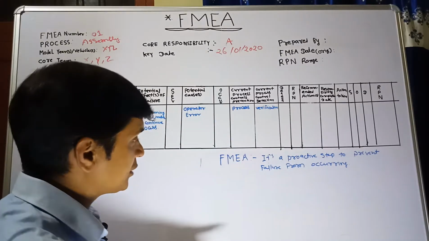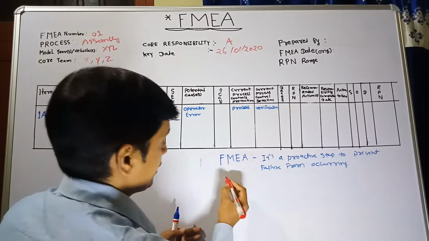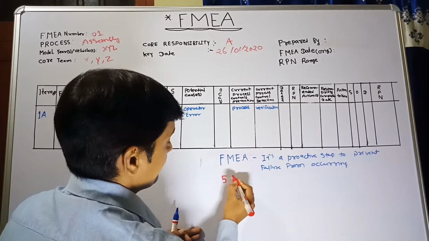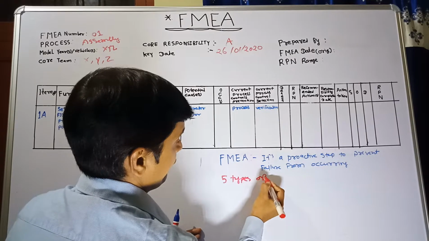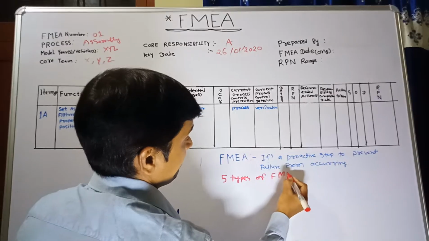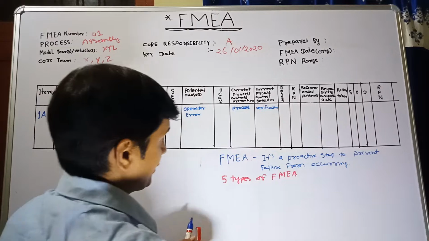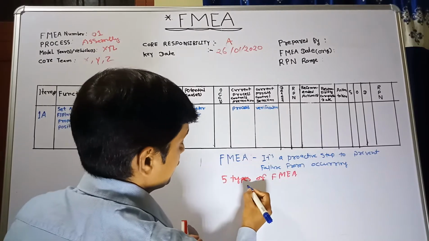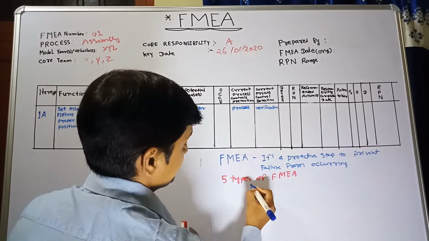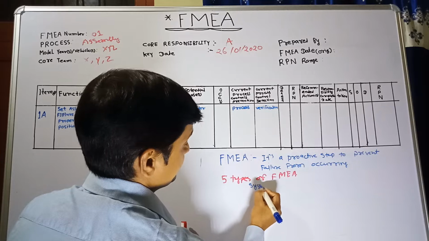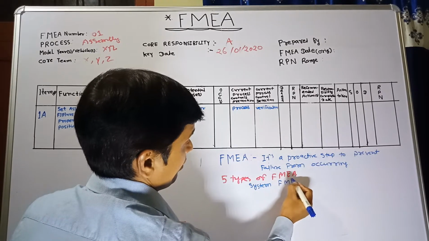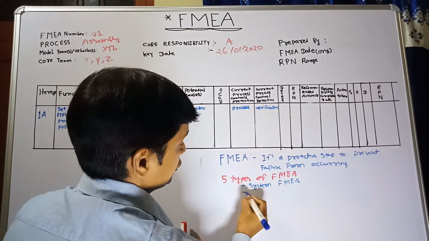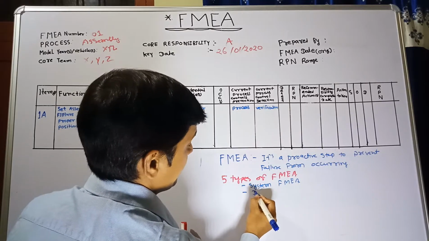Basically there are 5 types of FMEA. First is the system FMEA. Second is the design FMEA.